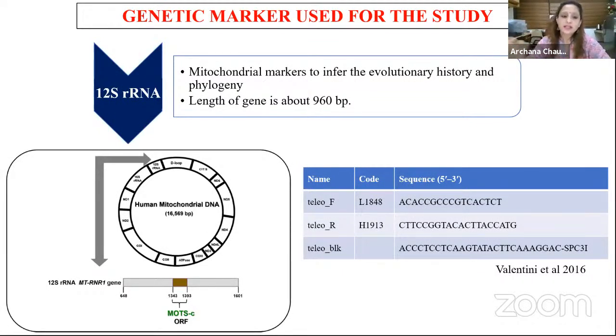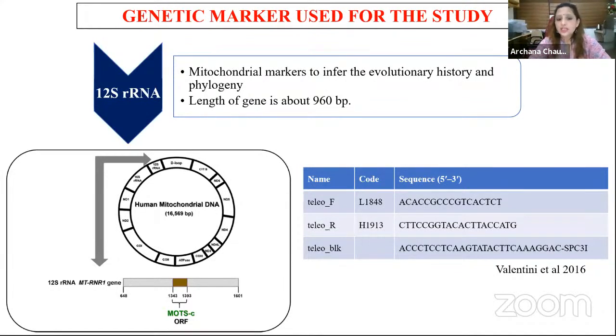In this study, we selected 12S rRNA as one of the target regions to study the fish diversity, and the primers used were those of Valentini et al. in 2016.